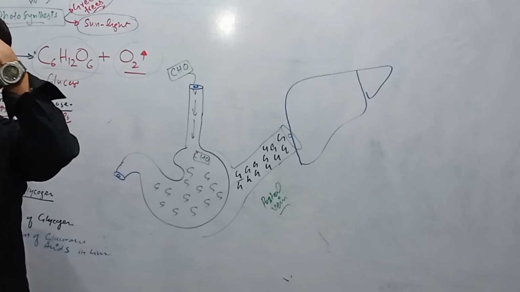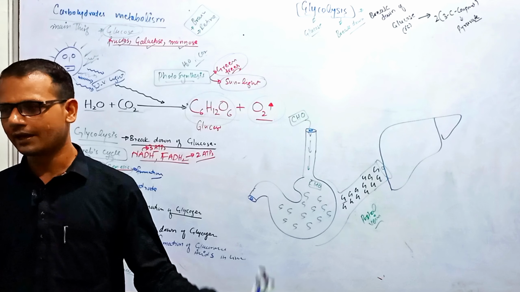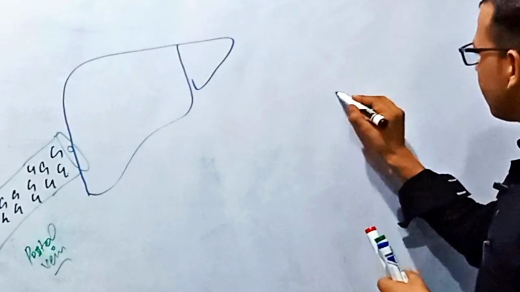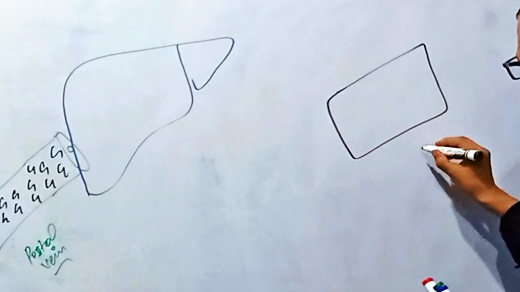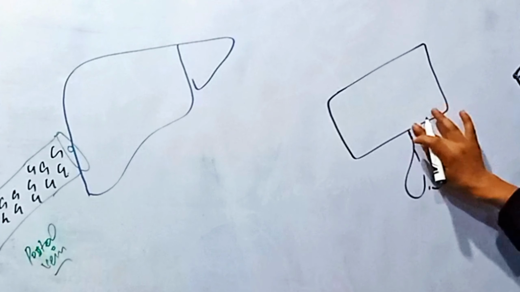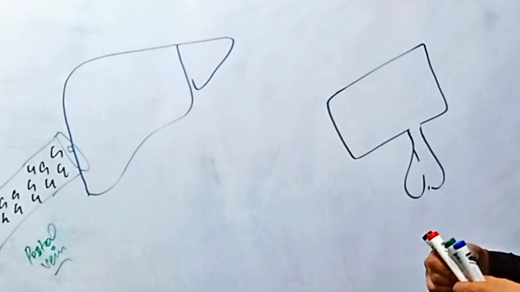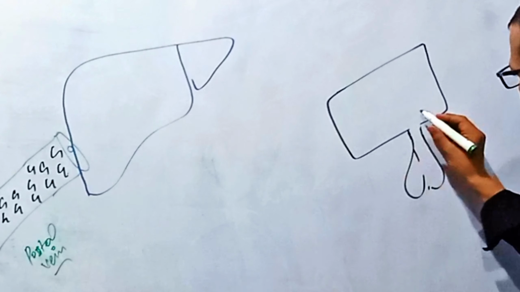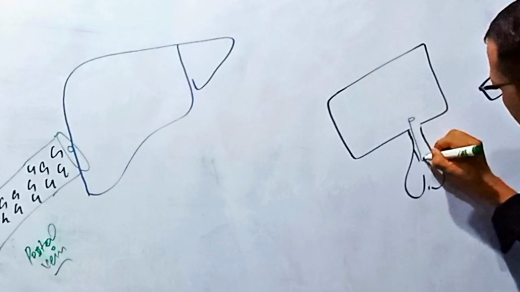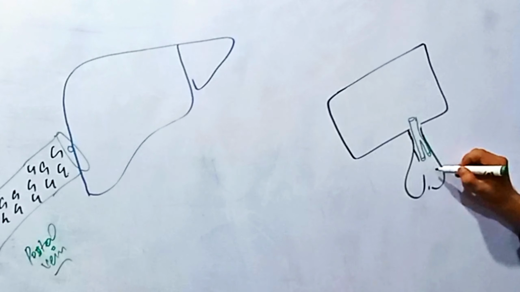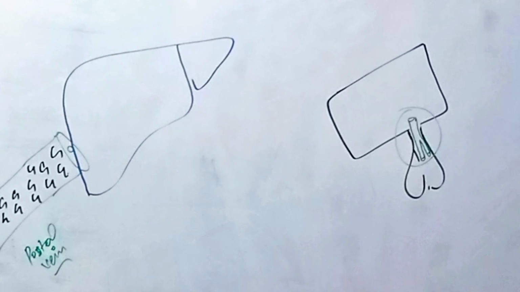We have discussed this in the hypothalamus. For example, this is the hypothalamus, and this is the pituitary gland. There are a lot of nuclei, and these nuclei secrete some hormones, some factors, and these factors go to the pituitary gland through the hypophyseal portal system.